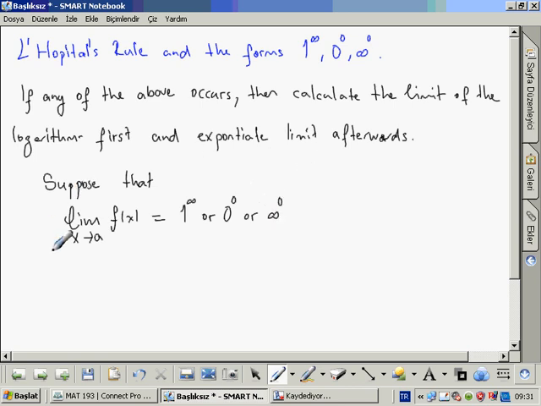First step: the limit as x approaches a of ln of f of x equals L.